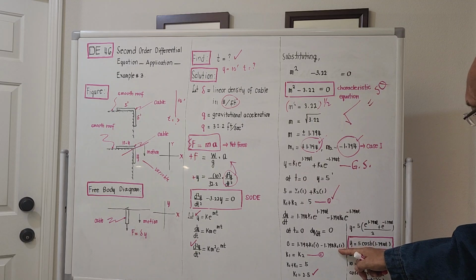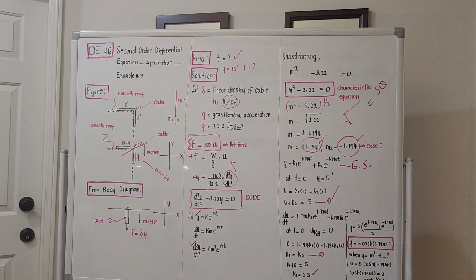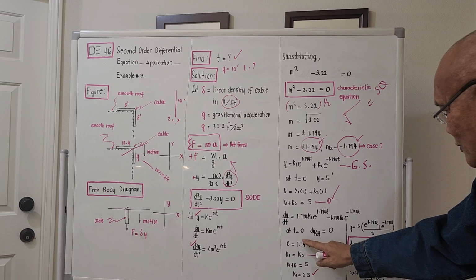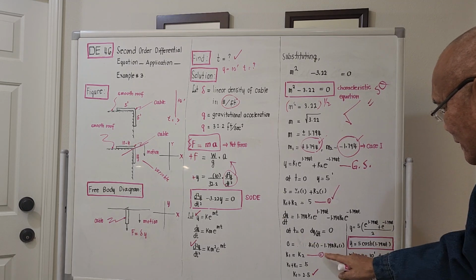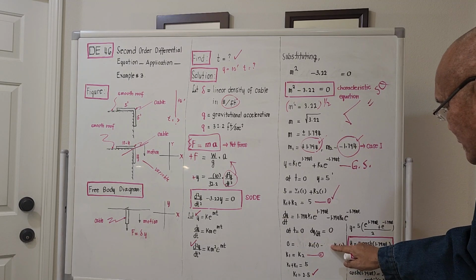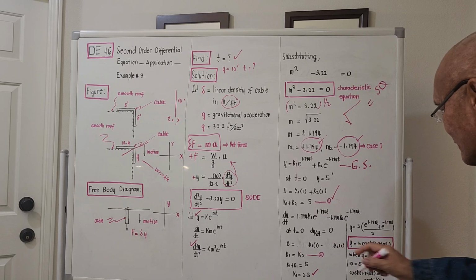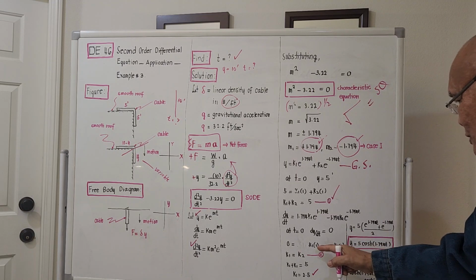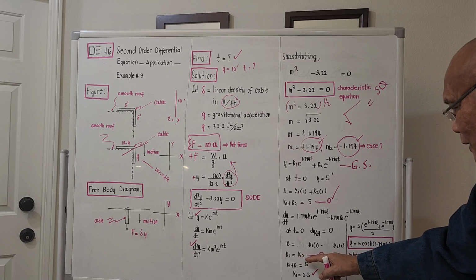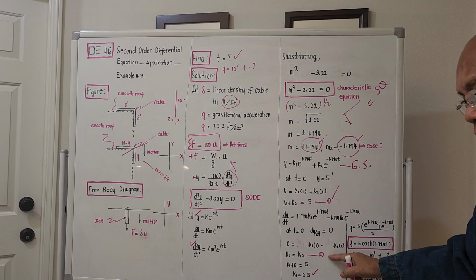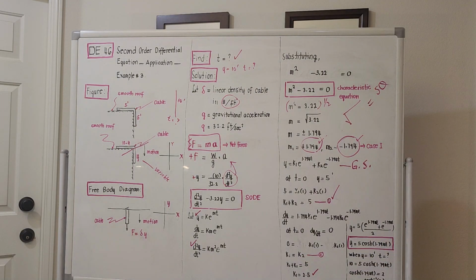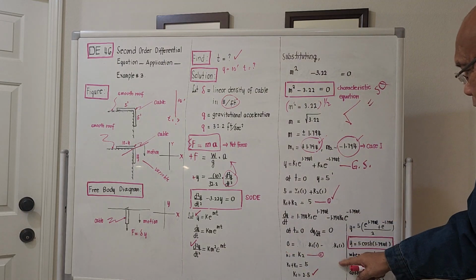And if you try to simplify the resulting equation, there's a common factor 1.794. Okay? Actually, we could remove those. But the second part is negative. So K1 will be equal to K2. This will be equation number 2. This is now the second relation involving K1 and K2.